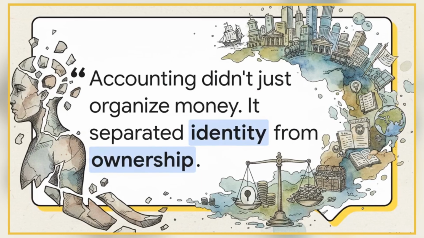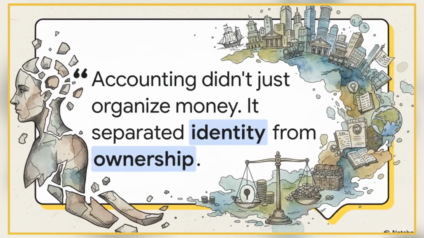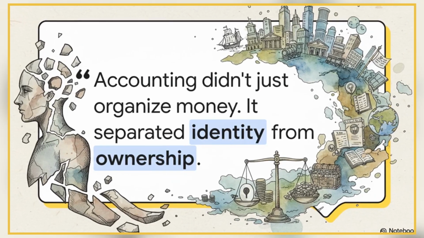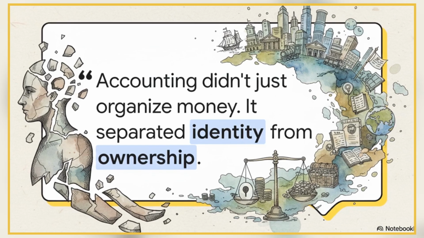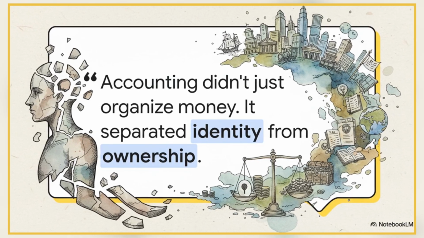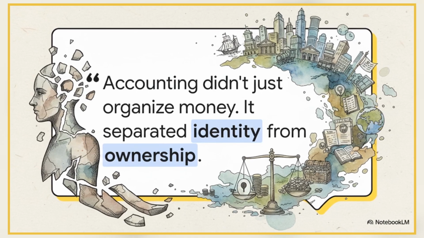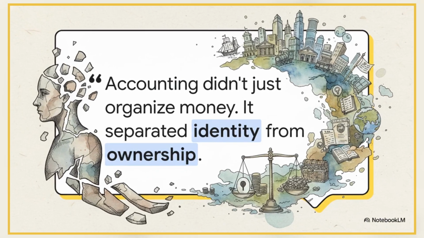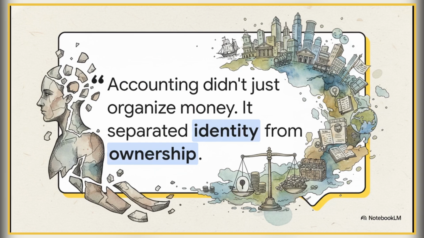Accounting didn't just organize money, it separated identity from ownership. That right there is the true triumph of the accounting profession. By successfully separating the merchant from the merchant's money, it allowed businesses to outlive their founders, to scale across borders, and ultimately to build the modern economy as we know it.